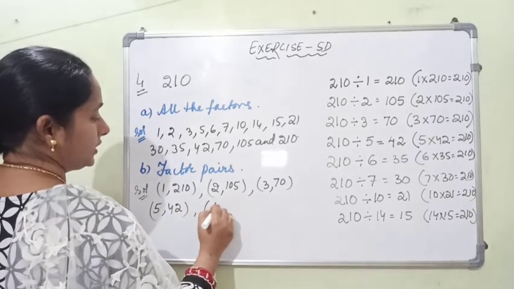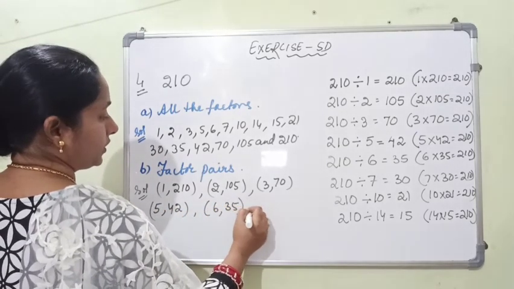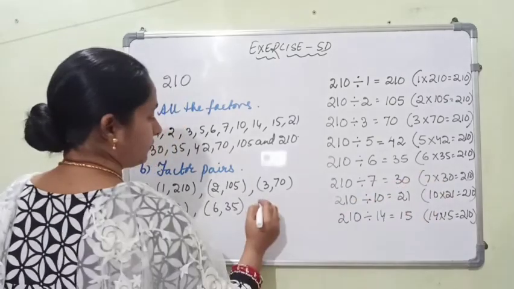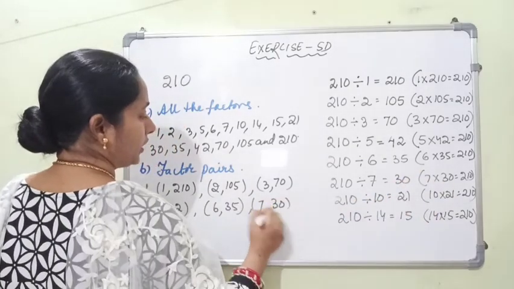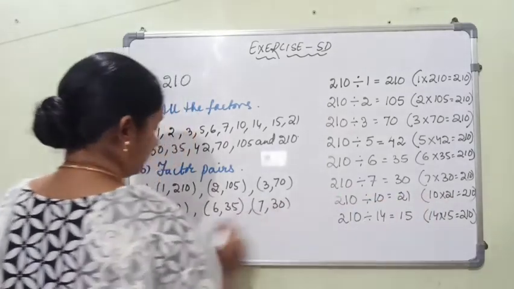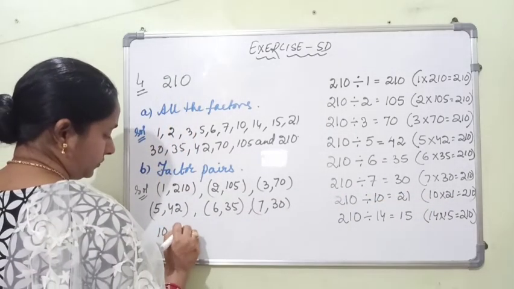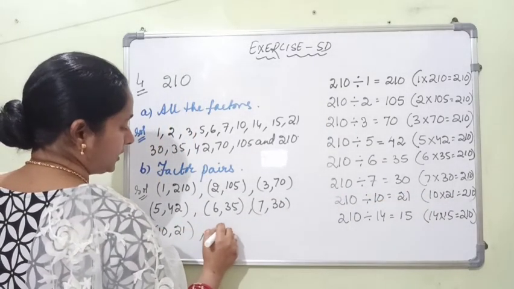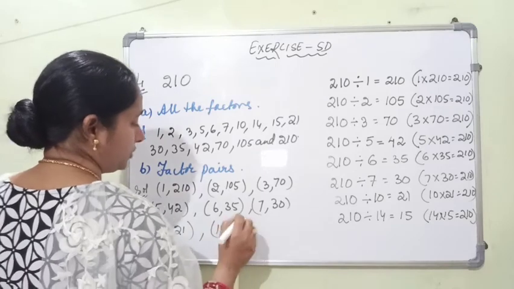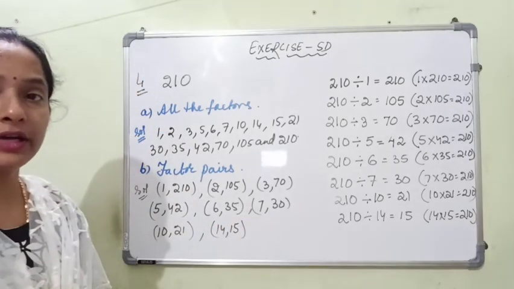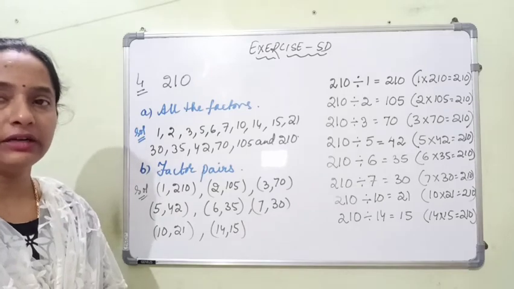Next one 6, 35. Then 7 and 30. Then 10, 21. What's the last one? 14 and 15. Got it? So these are the factor pairs.